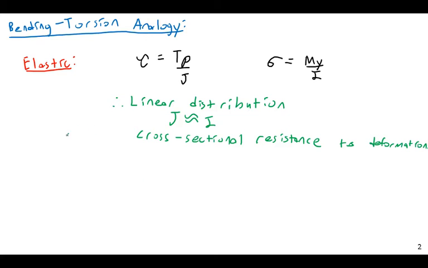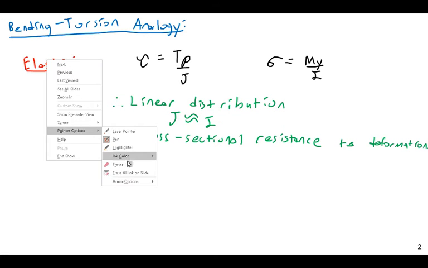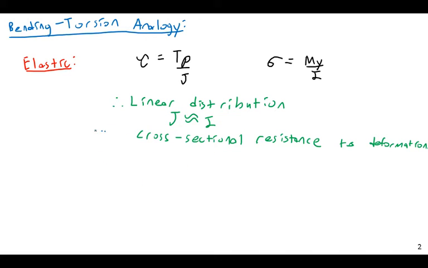Okay. Next, I would like to define a new quantity that you maybe haven't heard before. This is going to be capital S. This is the section modulus, or more particularly the elastic section modulus, often just referred to as a section modulus. You can also have a plastic section modulus, which is something different.